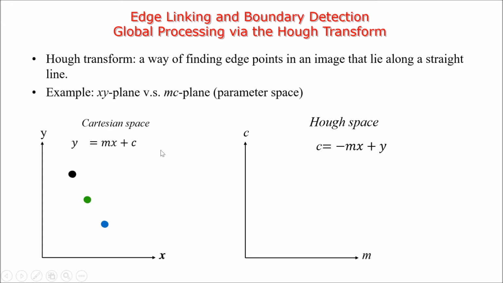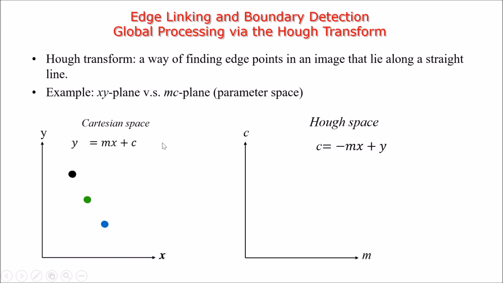For the Hough space, you just need to rearrange this equation a bit, in which for this case c equals negative mx plus y. So we change the plot, in which for this case c and m are the variables, because we put them on the axes, and x and y are the constants.